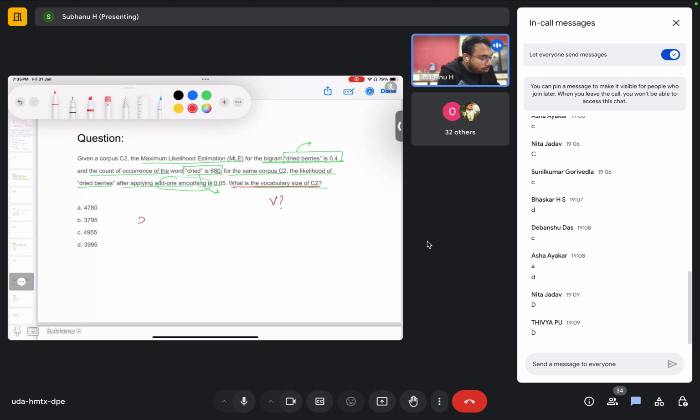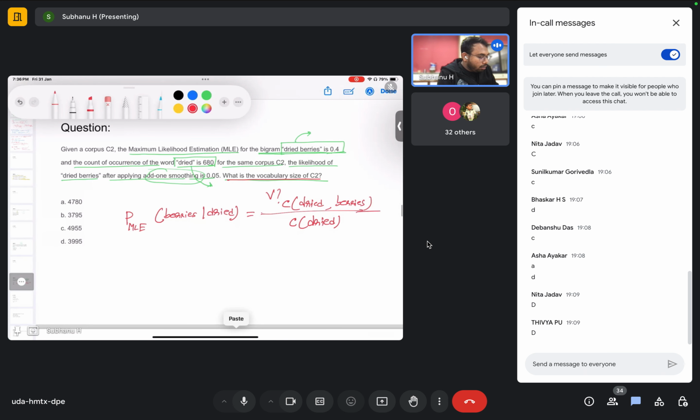So we know that the probability from the maximum likelihood estimator of the bigram, dried given berries, is given by count of dried berries divided by count of dried. It is given that this is 0.4.